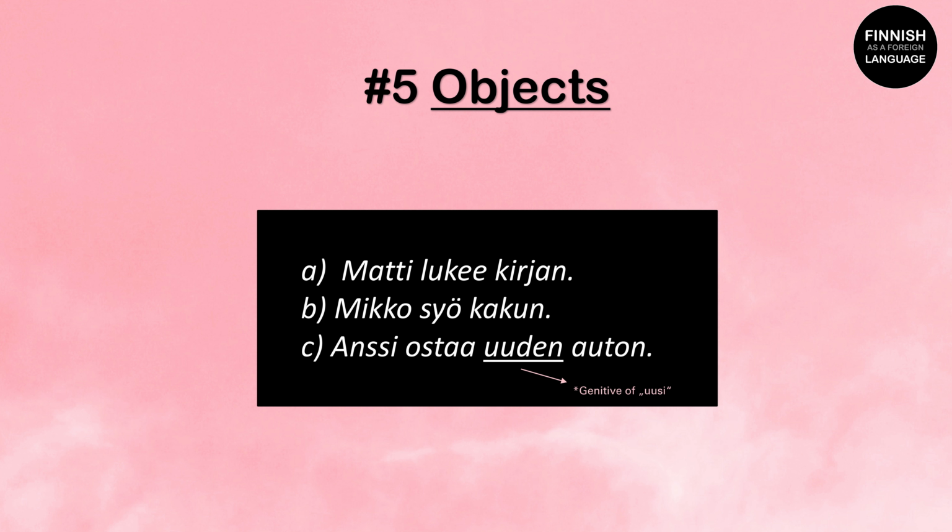Because usually people buy only one car and not necessarily two or more at the same time. Then we also have uuden in the sentence, which is the genitive case of the word uusi, which means new. And since it's referring to the car, we gotta put it into the genitive case as well. Ostaa should be clear. It's here the third person singular of the verb ostaa, which means to buy. So let's repeat. Anssi ostaa uuden auton.